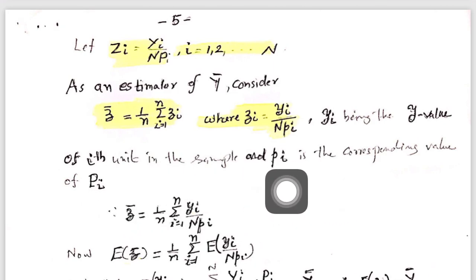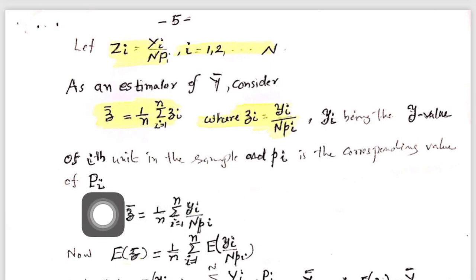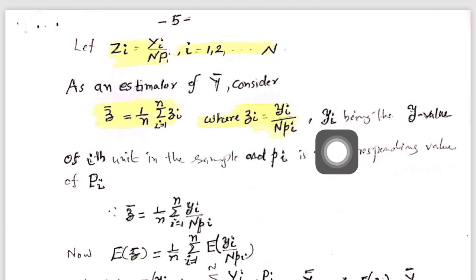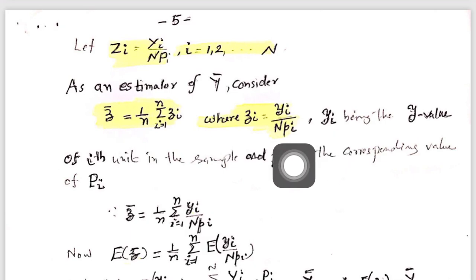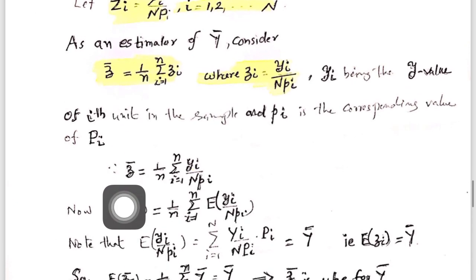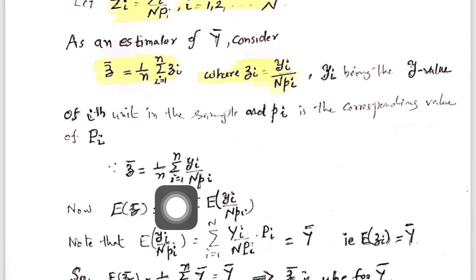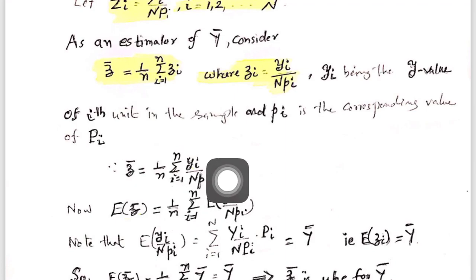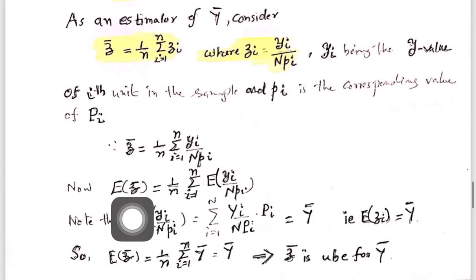So the small pi's are the selection probabilities of the units in the sample, and the capital Pi's are the selection probabilities of the units in the population. That is the difference. Similarly, small yi is the Y value of the unit in the sample, as usual. So what is Z bar? Z bar is equal to 1 by n into the sum over i equal to 1 to small n of small yi divided by N into small pi. And what is the expectation of Z bar?